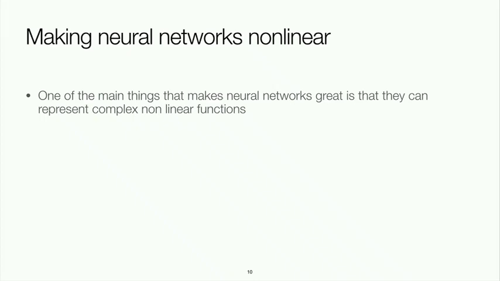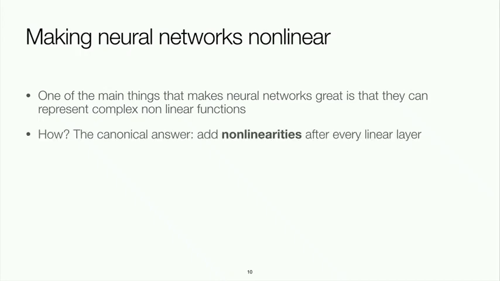The multi-linear layer thing that I showed just now can't do that. We need to augment our neural network in order to represent nonlinear functions. How? There's a whole bunch of different answers you might imagine, but the answer that everybody goes with is you just add what we call nonlinearities after every single linear layer.